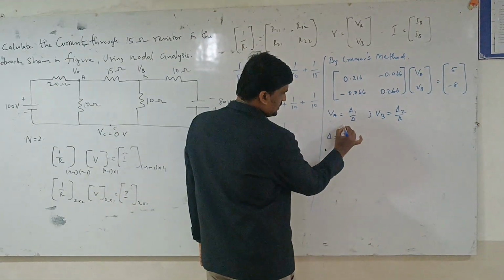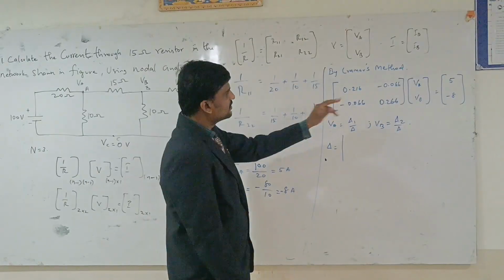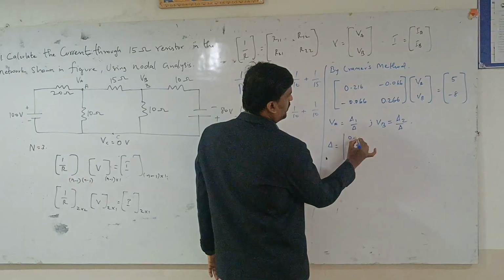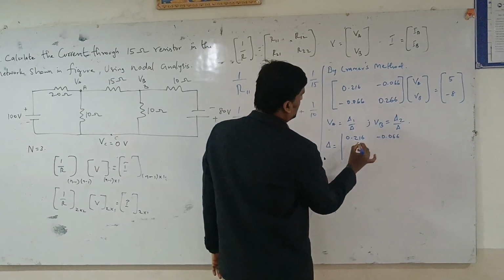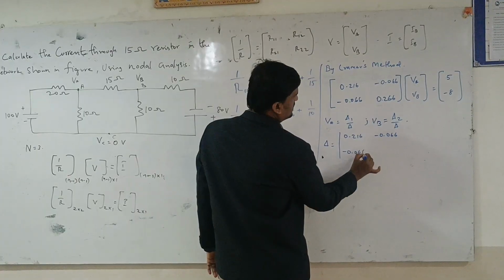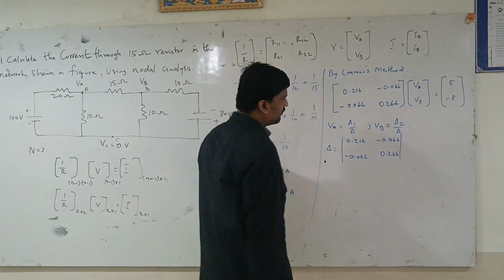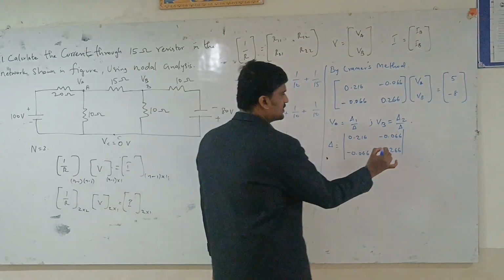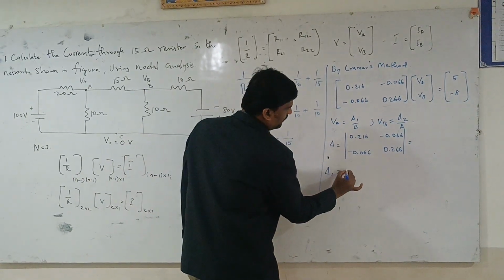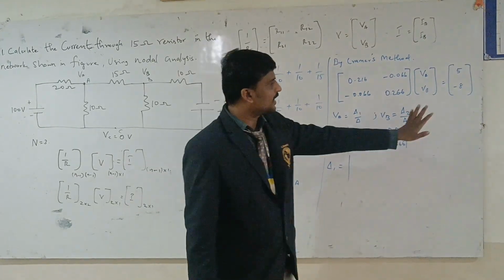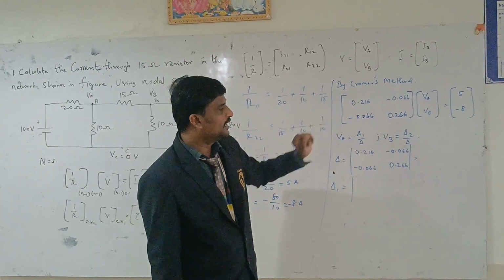The del matrix is the determinant of the 1 by R matrix. The value for the 1 by R matrix is 0.216, minus 0.066, minus 0.066, and here it is 0.266. So we can find the determinant of this. Next, del 1. We have to replace the current values in the first column of del.